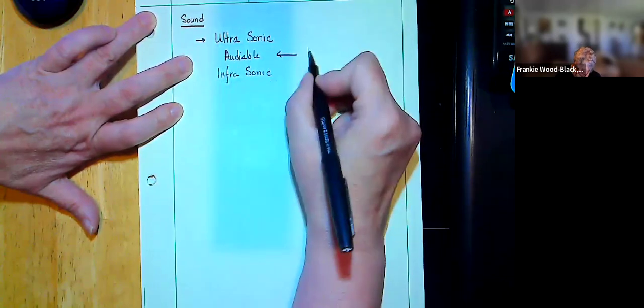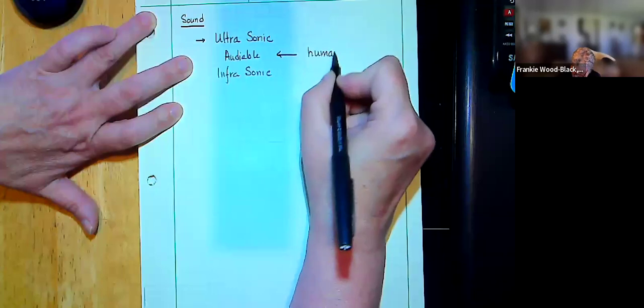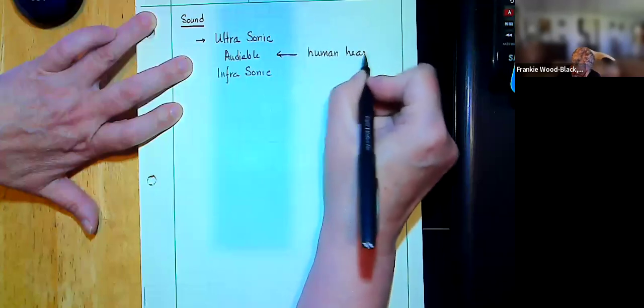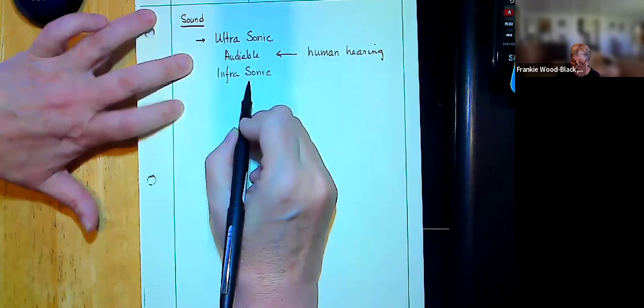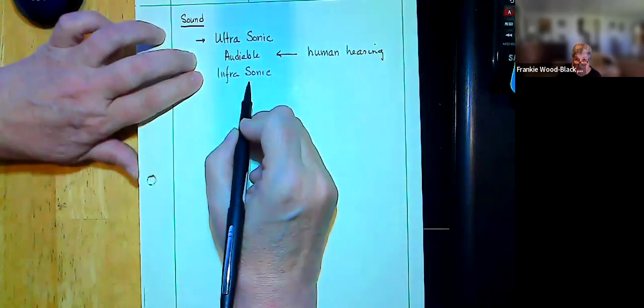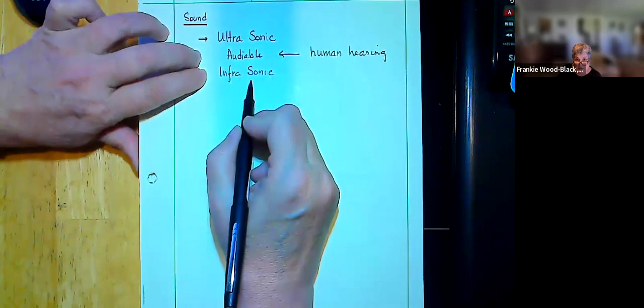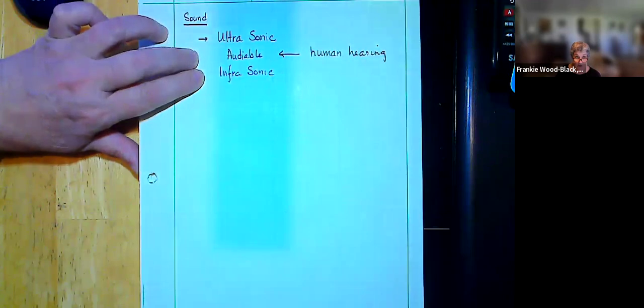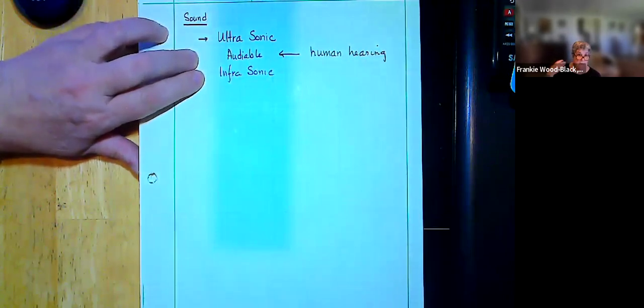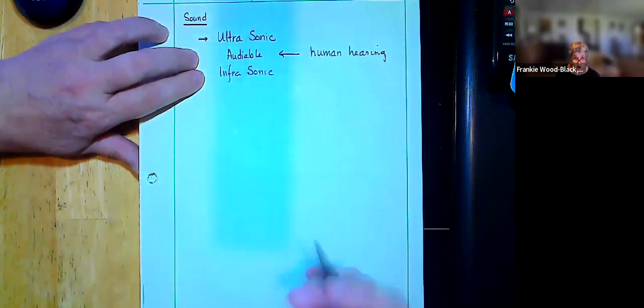This is related to human hearing. If I'm dealing with infrasonic, I'm dealing with sound that's in frequencies below what the human ear can hear. If I'm dealing with ultrasonic, we're dealing with sounds that are above what the human ear can hear. And we'll talk a little bit more about that tomorrow.